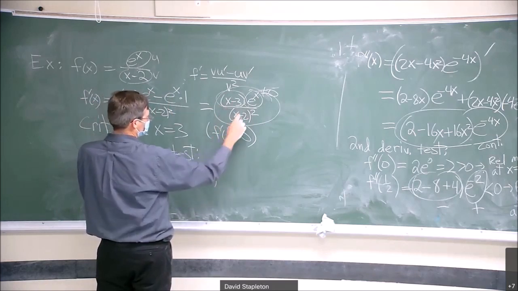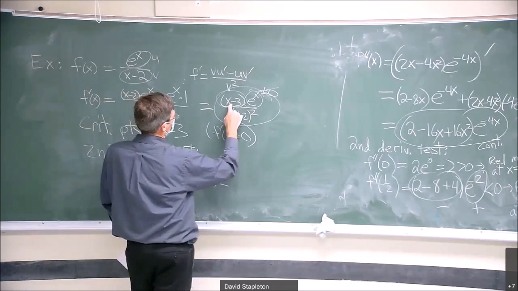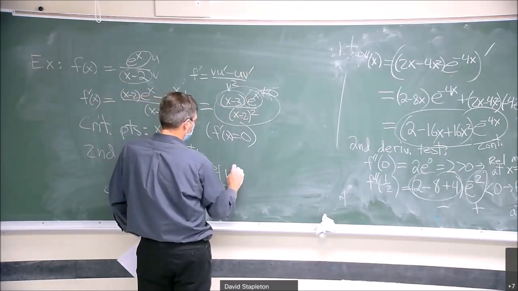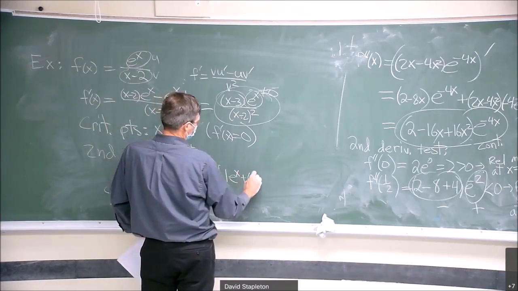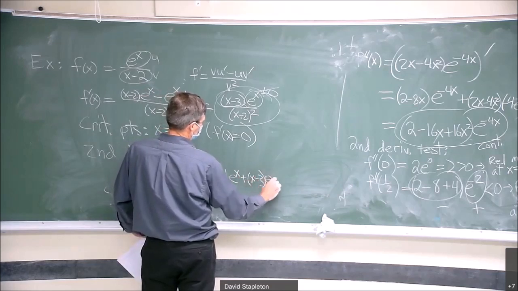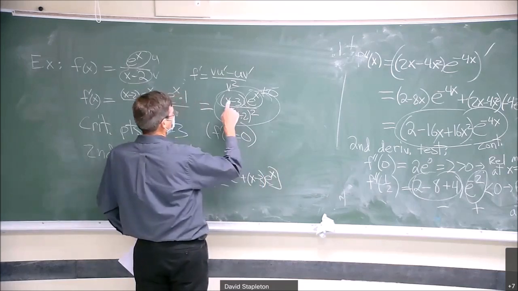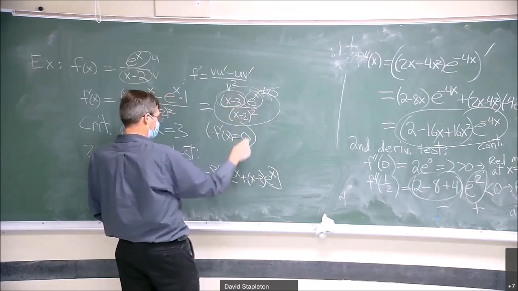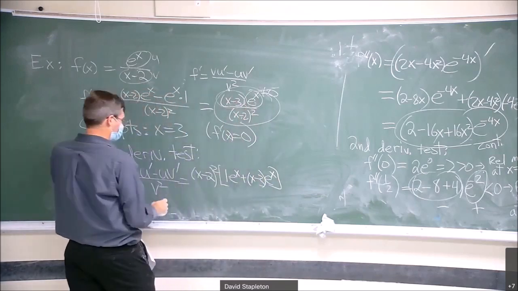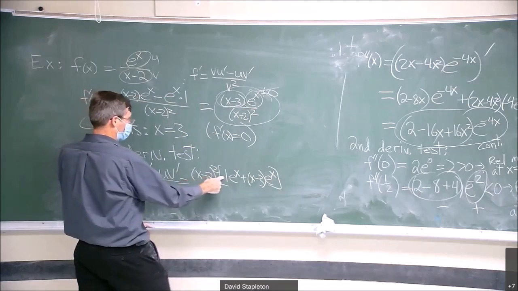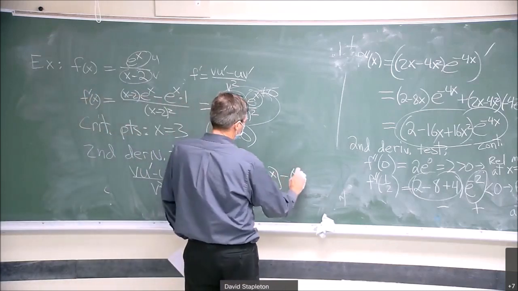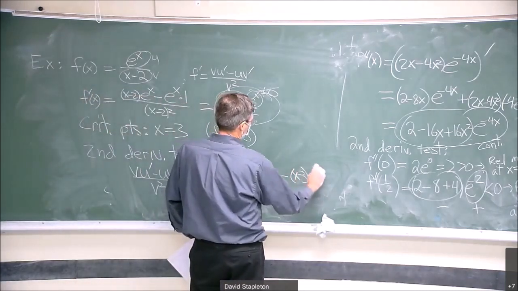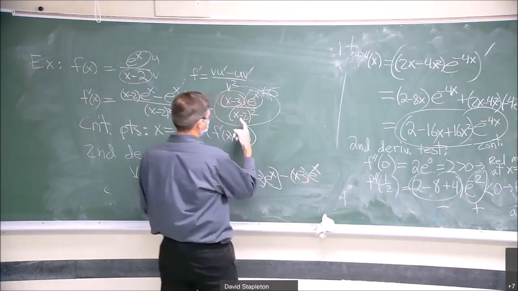And then u prime, the derivative at the top by the product rule, is 1 times e to the x plus x minus 3 times the derivative of e to the x, which is e to the x. So derivative of the first times the second plus first times derivative of the second. There's the product rule for this u prime. So v u prime minus u v prime, derivative of the bottom.